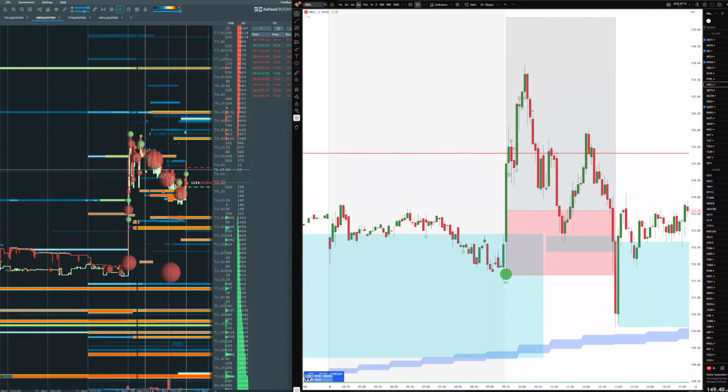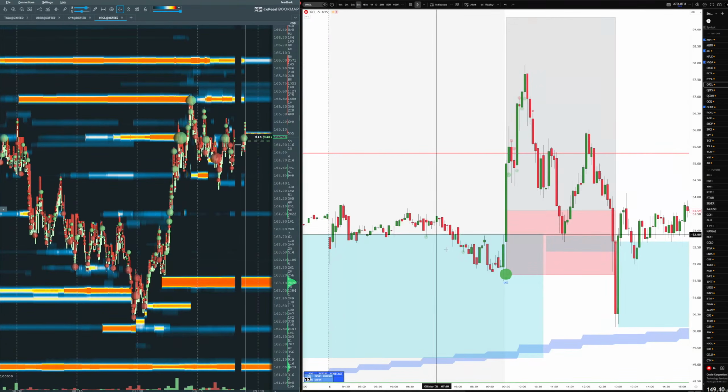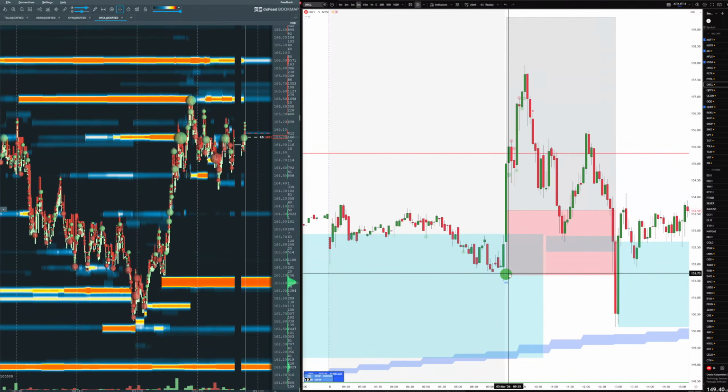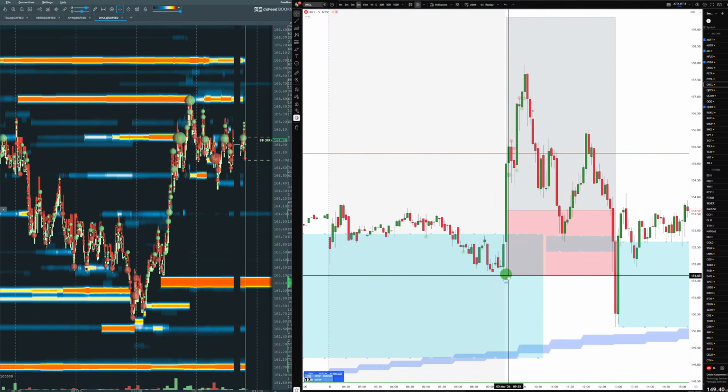So Bookmap will be the confirmation for all of our trades, and I'm going to keep it over here next to me. The trade itself is formed by two algorithms. One is this green bubble over here. It will tell us if the institutional players are actually buying or selling.